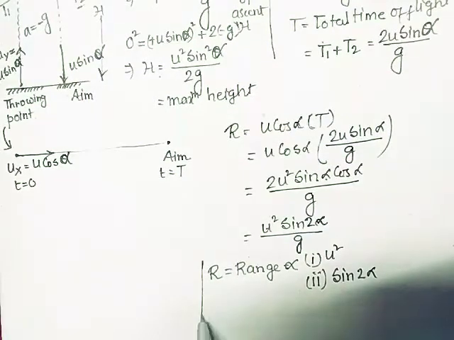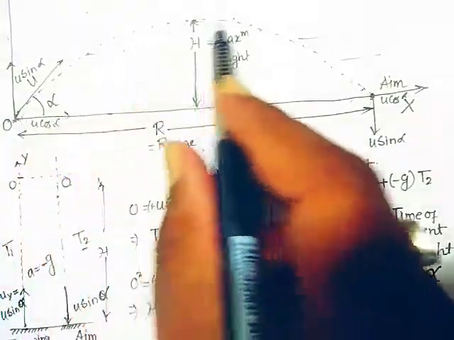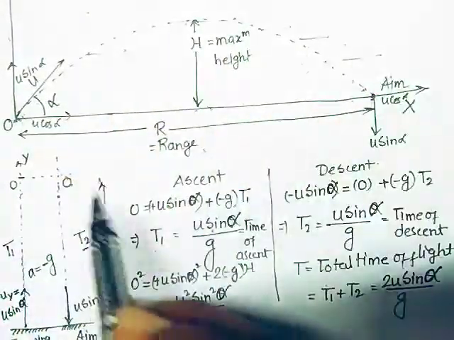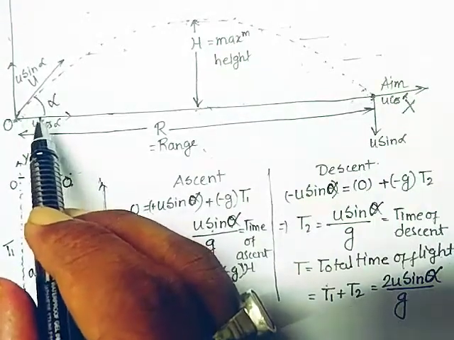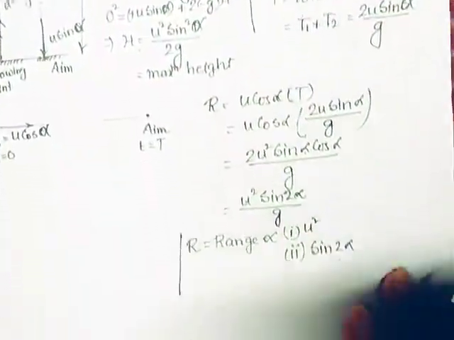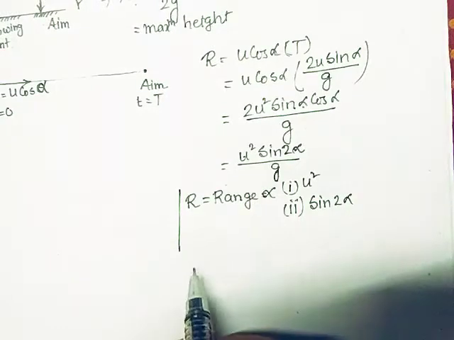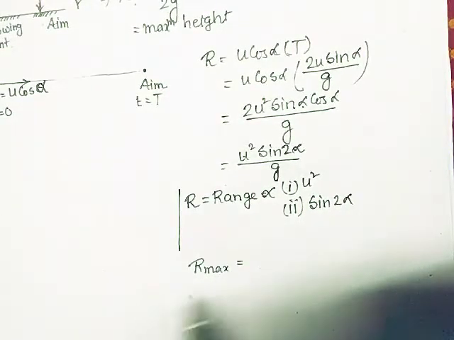So this is the range. If I want to throw it to the maximum distance, at which angle do we have to throw? Let us see. Now I am talking about when R will be maximum.